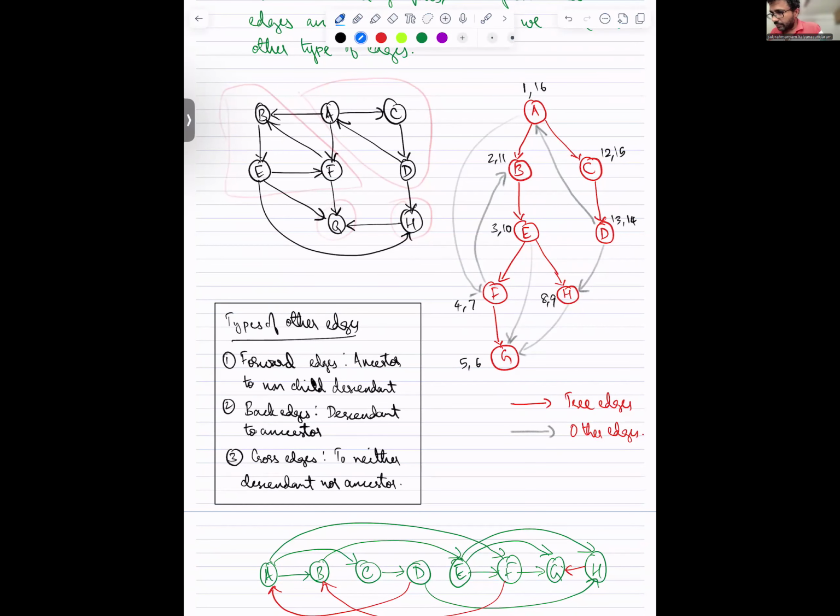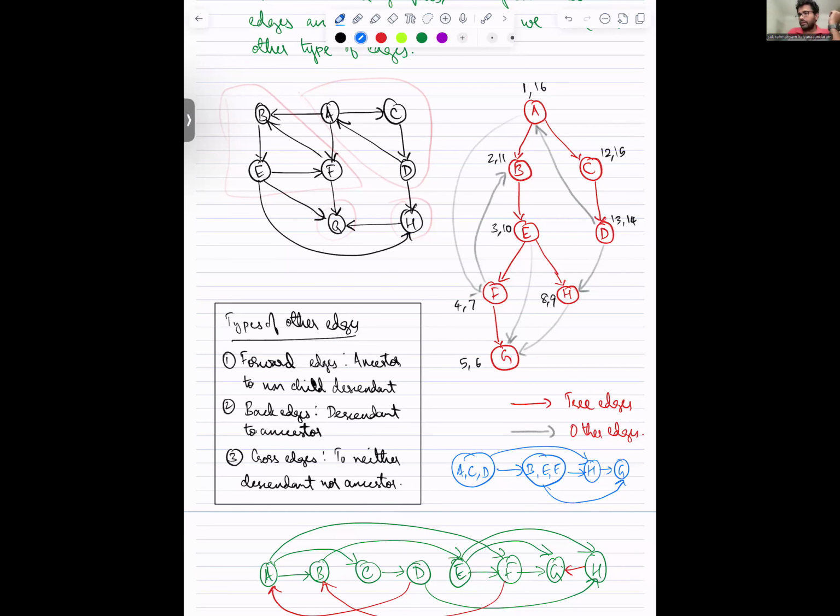So ACD, BEF, H, and G. A has outgoing edges to B and F. D has outgoing edges to H. Then BEF has outgoing edges to G and also H, and H has outgoing edge to G. I think that's about it.